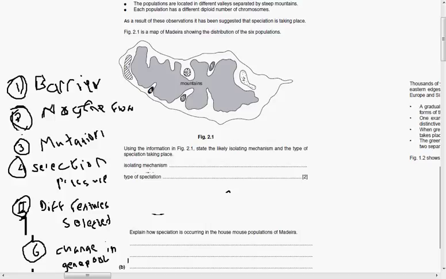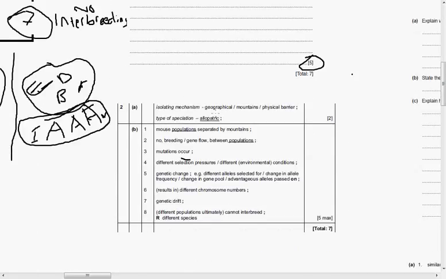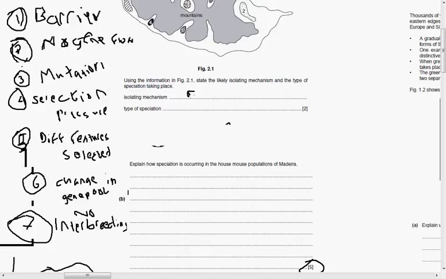So what is the isolating mechanism over here? It's simple. The mechanism which isolates these two is simply a geographical one, right? And that's what the marking scheme says, geographical, a physical barrier. Okay, so geographical barrier.